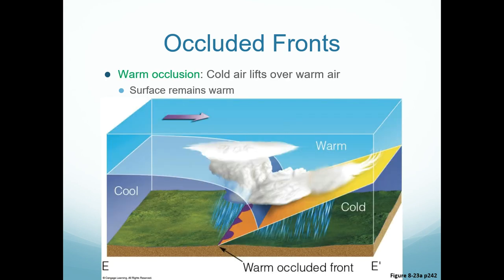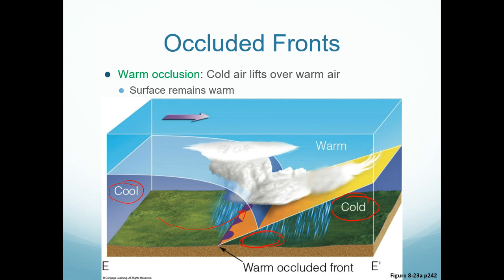Now, what would happen if instead we switch things around and the colder air is now ahead and the cooler air is behind? The cold front has cool air that's not as cold as it was before. Well, then the cold air remains down below and the cooler air is going to ride up on top of the extremely cold air.